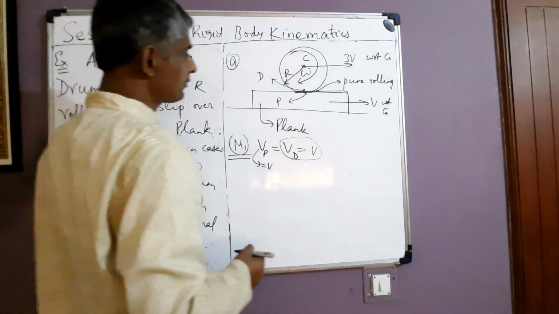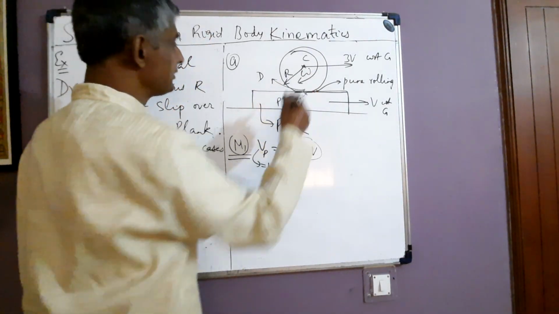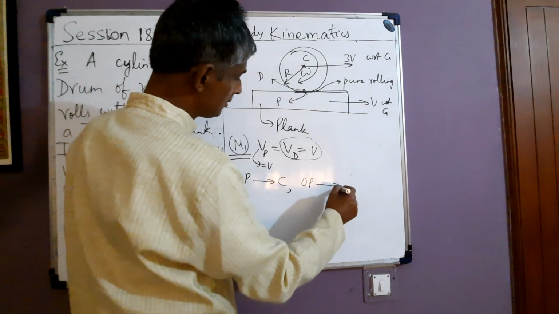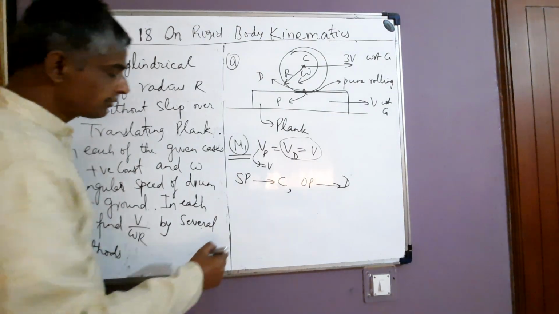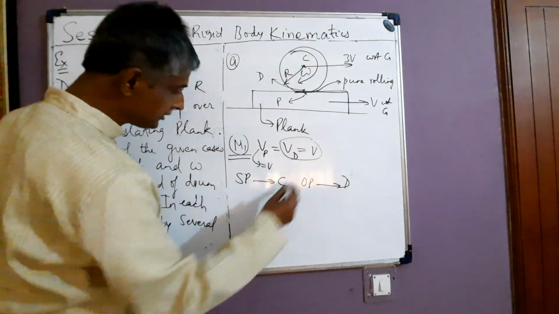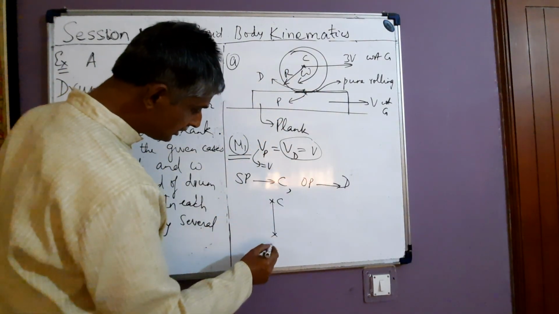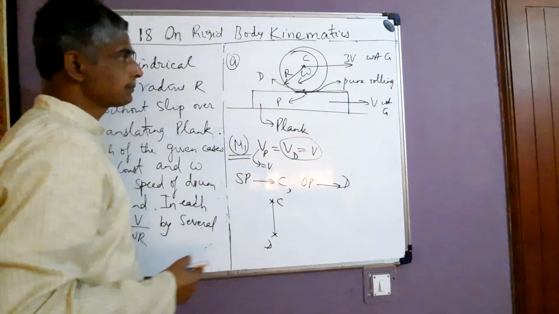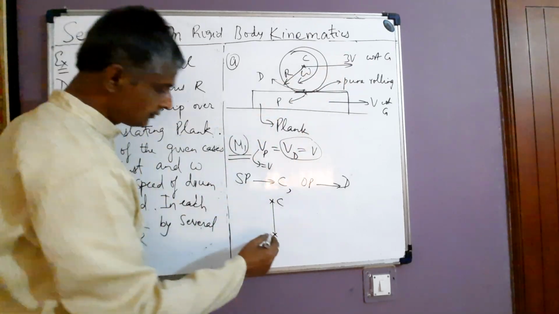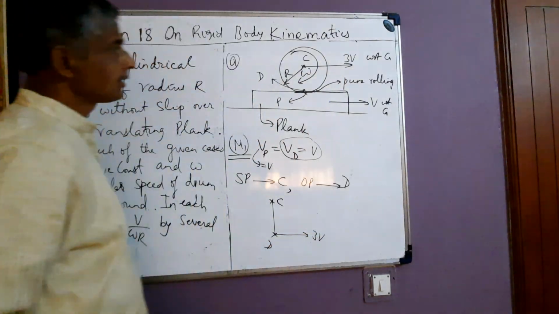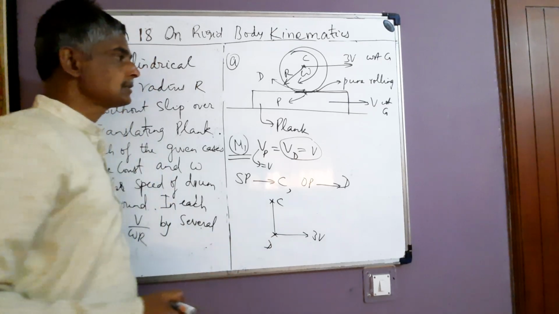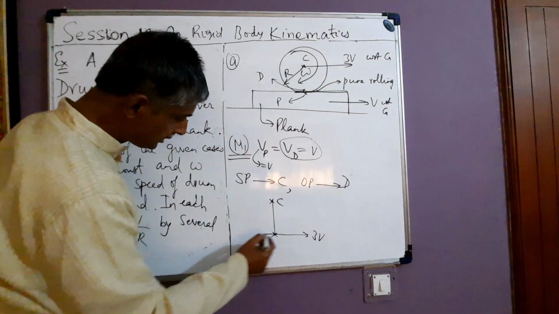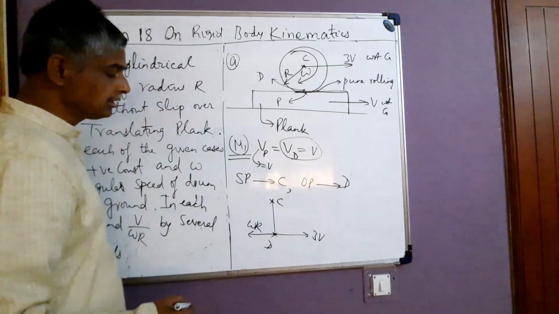We apply SRC procedure for velocity to the drum between the points C and D. So SP is C, OP is D. Now we draw the line joining SP and OP, that is C and D. We give the velocity of selected point C to point D. Velocity of C is 3v, so we give velocity 3v to D. Since omega of the drum is clockwise, D moves in a clockwise circle with center at C and radius r. So we give a speed of omega r to D towards left.